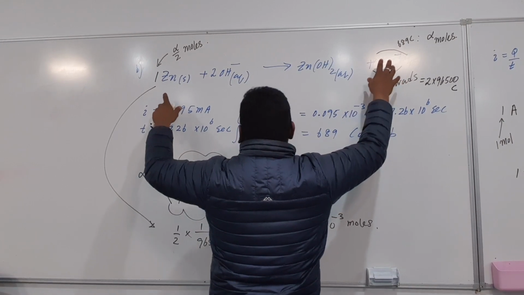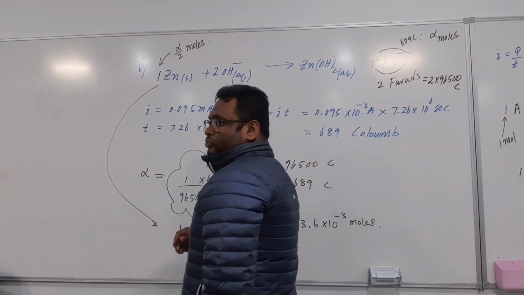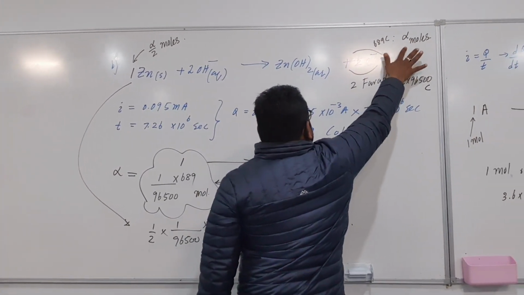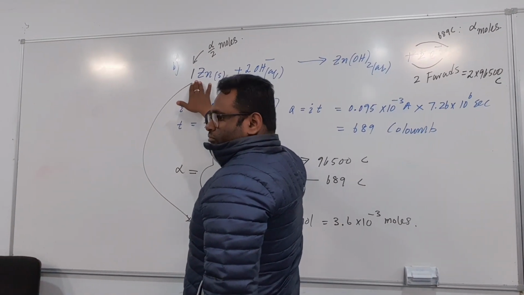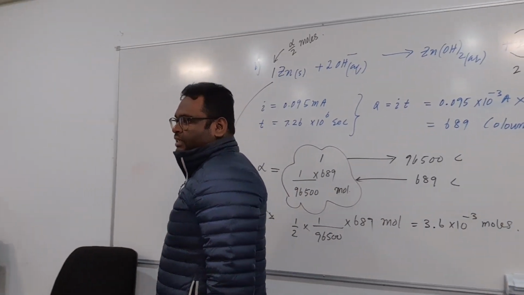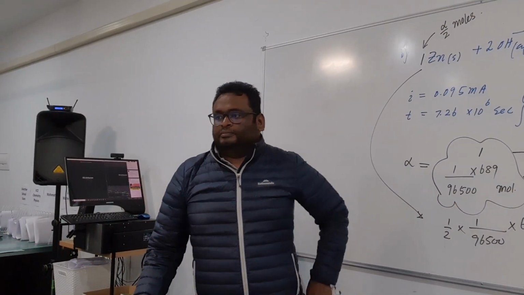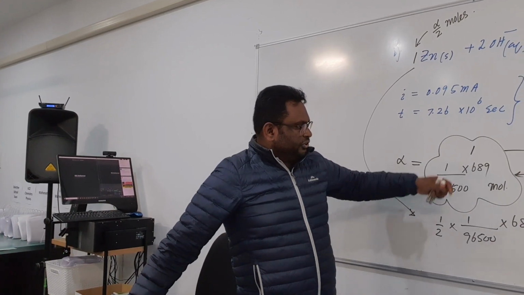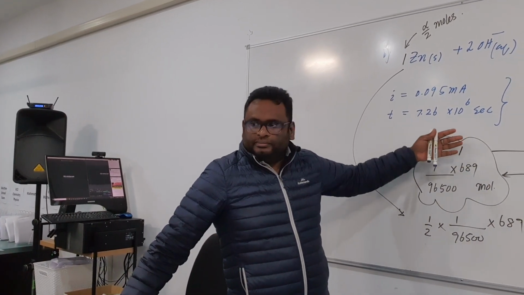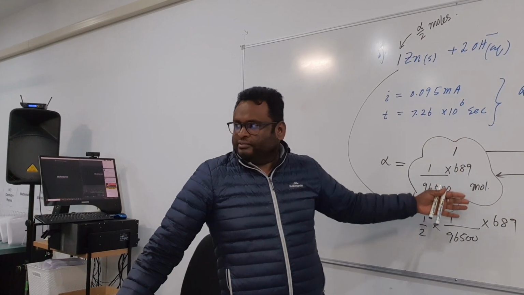If you get this much, you get half of that. So I got the number of moles here, alpha number of moles. I divide that by 2 to get the number of zinc moles. So it is always important to logically argue.